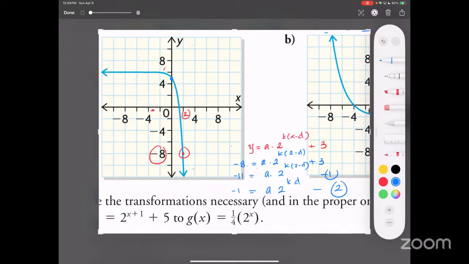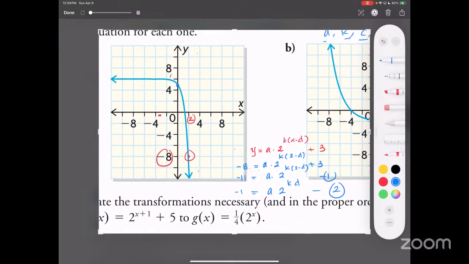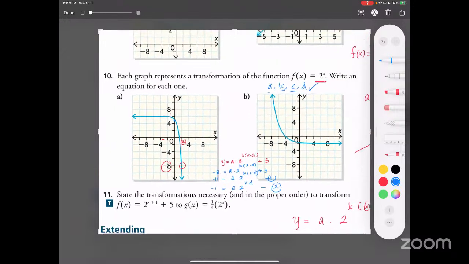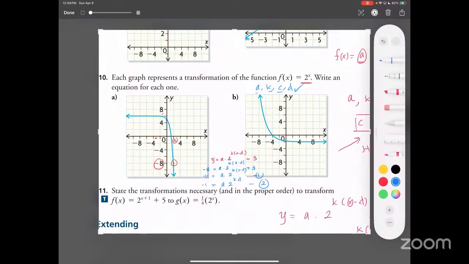Let's see, where can I go? So we should be able to read the point here. So that is 2. This is 1. I can't choose that point. I already chose this point, the y-intercept.